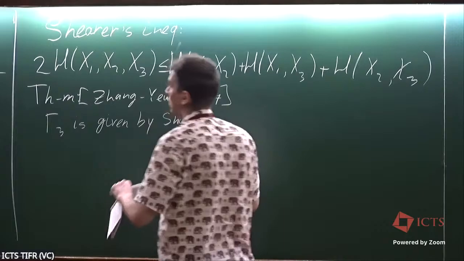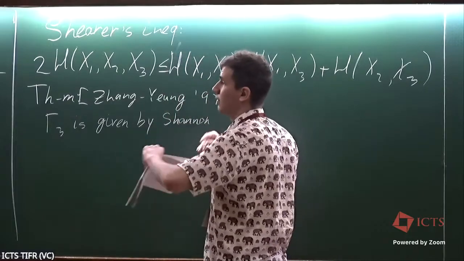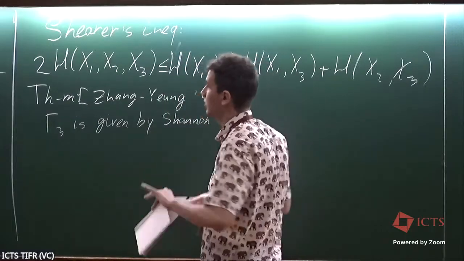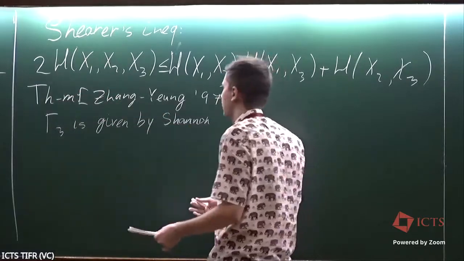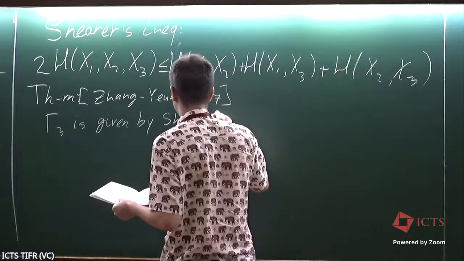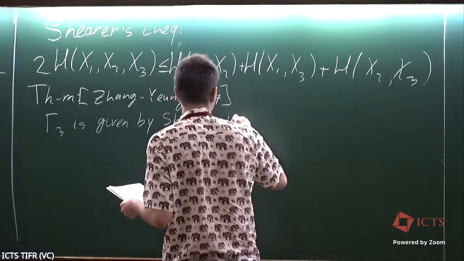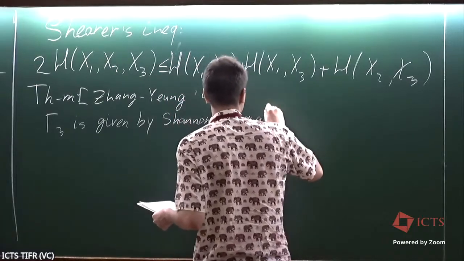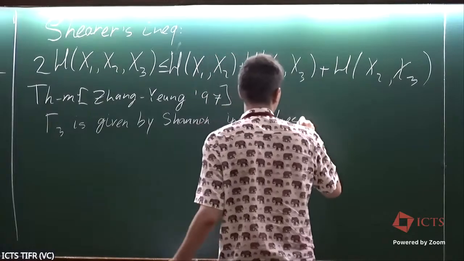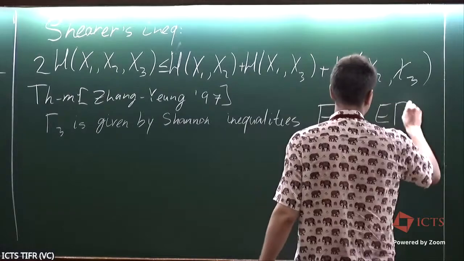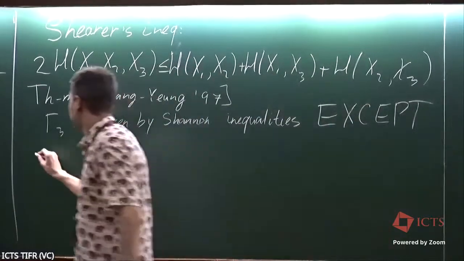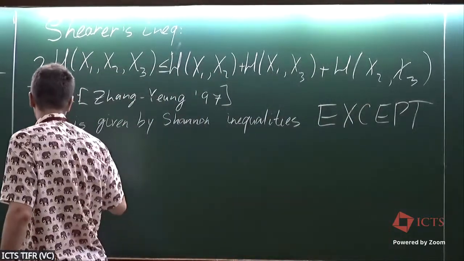If you have a vector and you want to check if it's in gamma 3, you just need to check that all Shannon inequalities, which is a very finite set, are satisfied. Except for one case: if you have a vector which looks like this.